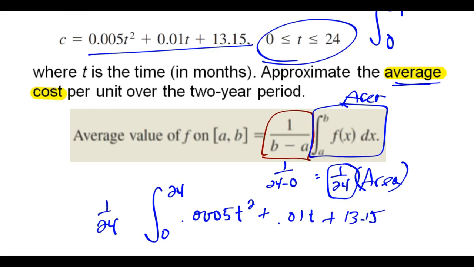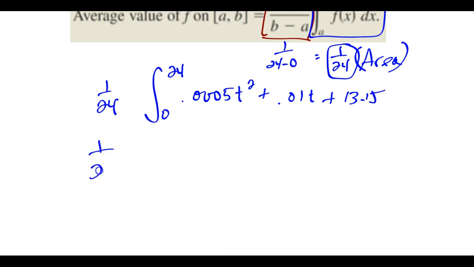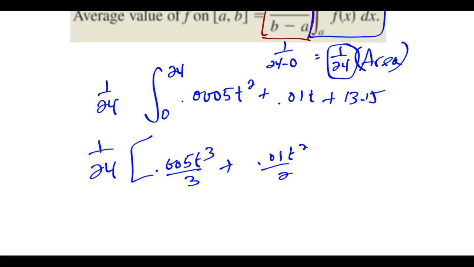So let's integrate this, find the fundamental theorem of calculus, and then of course just take 1/24 of the end. So this is 0.005t cubed divided by 3 plus 0.01t squared divided by 2. It's just going to be a number crunching nightmare.